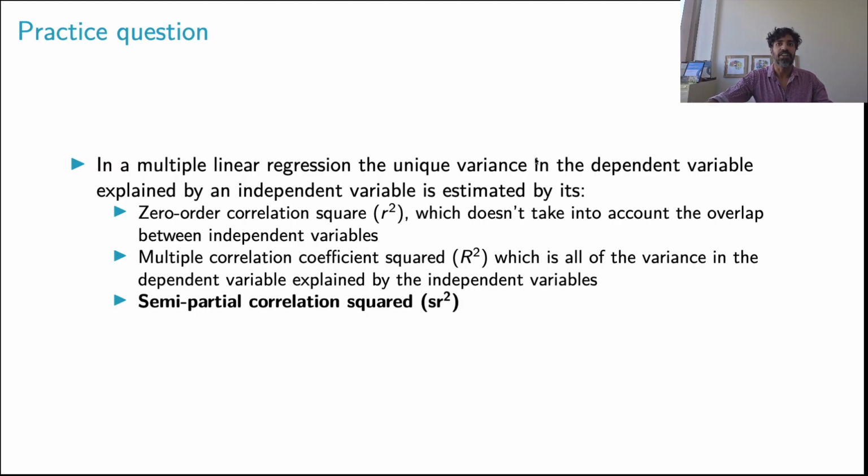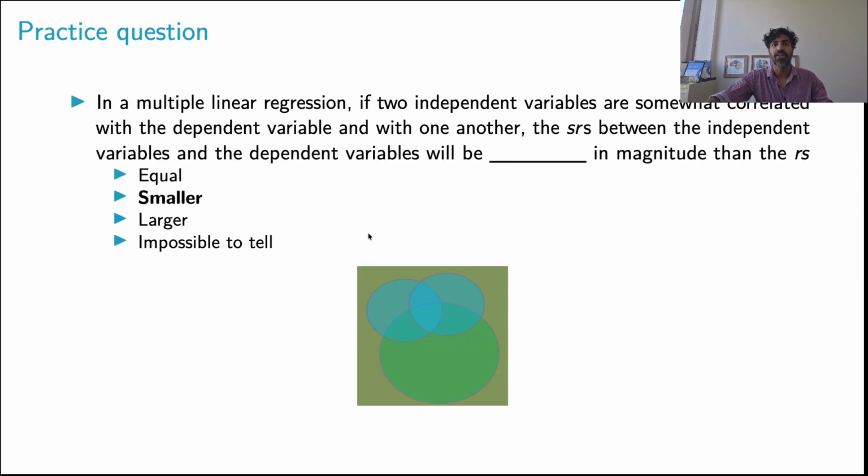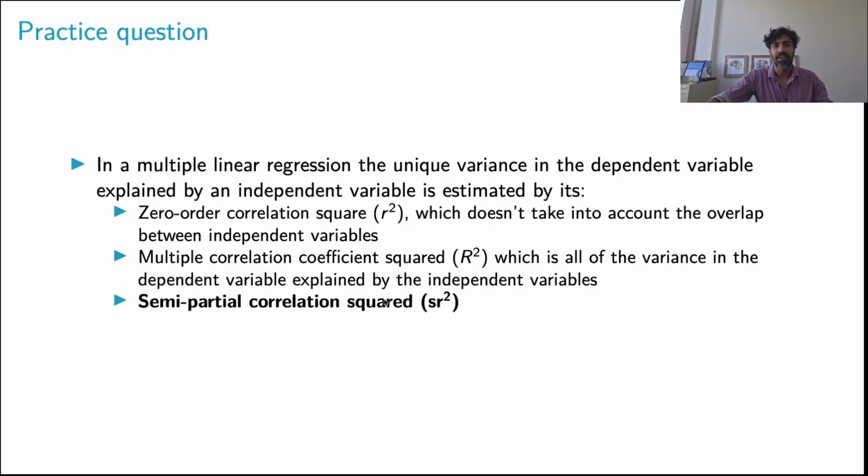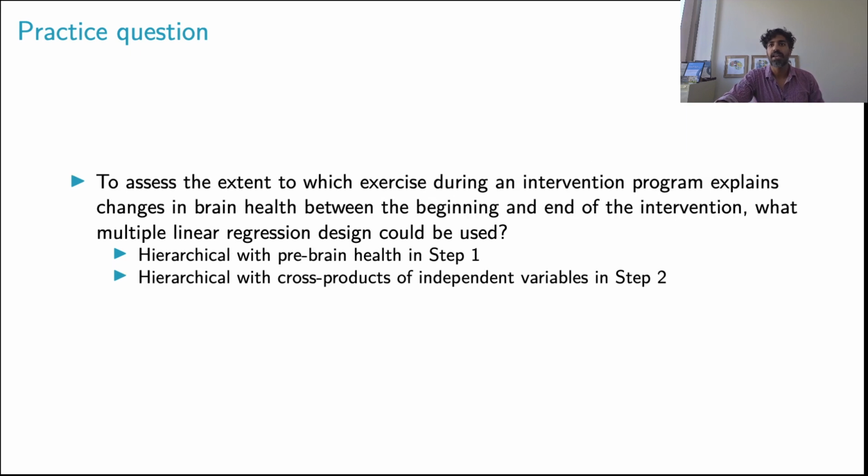And the semi-partial correlation is the unique variance. So that's what we're looking for there, right? The zero order correlation doesn't take into account this overlap here. So that's the key thing to keep in mind when it comes to unique variance: you're thinking of semi-partial correlation.